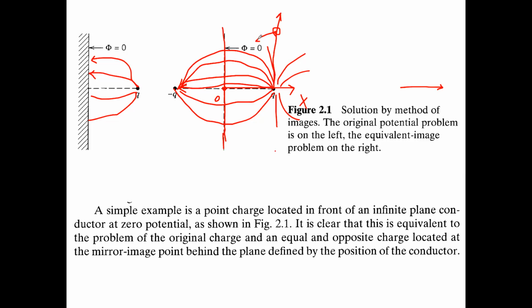Then you will get E1, E2, and sum them up by using the vector sum. You will have something like this. That's the vector sum. Okay, so this is the concept of the method of images.